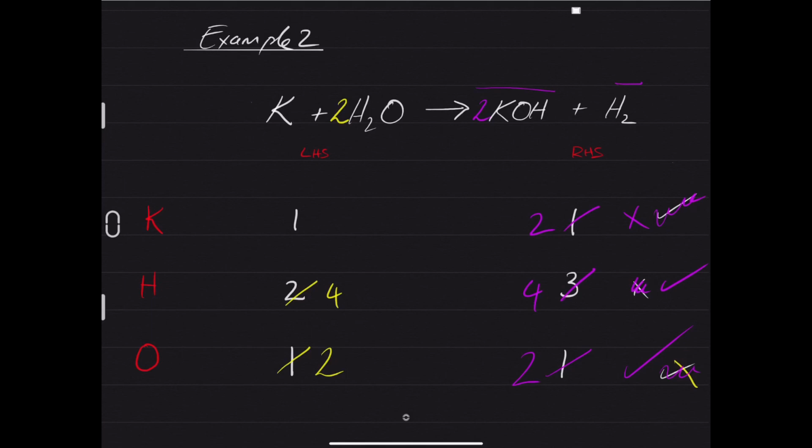We simply have to put a 2 here. So now this becomes 2 here. Now when we look back at our chart, there are 2 potassiums on the left-hand side, 2 potassiums on the right-hand side. So now we can say this is balanced. Hydrogens, 4 on the left-hand side, 4 on the right-hand side. We can keep that as balanced. Oxygen, 2 on the left-hand side, 2 on the right-hand side. It is balanced. So this equation now is fully balanced.